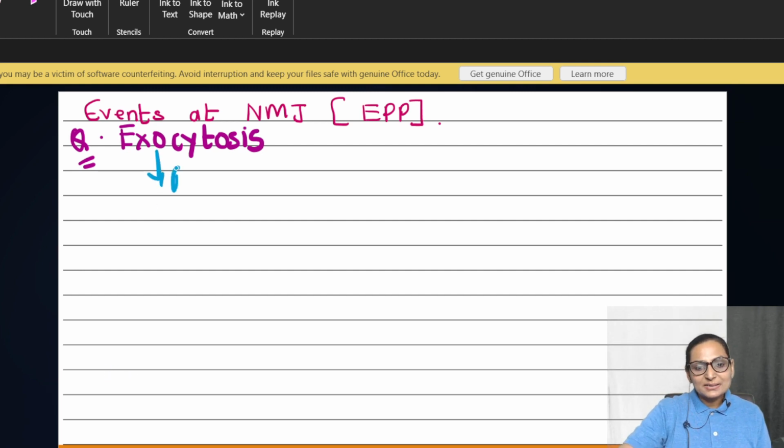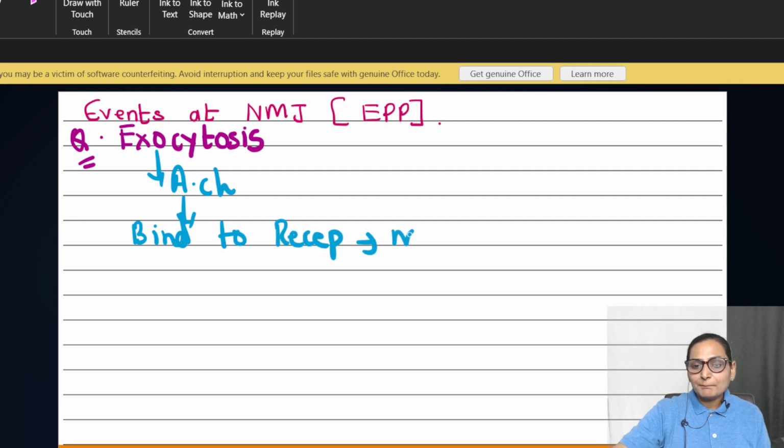Now once this acetylcholine is released, it will bind to its receptors, which are present on the muscle end plate. As the receptors bind, there will be a conformational change and opening of the channel. This protein channel is negatively charged from inside, so it is going to favor cations.